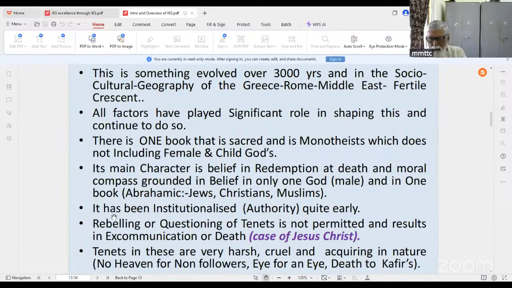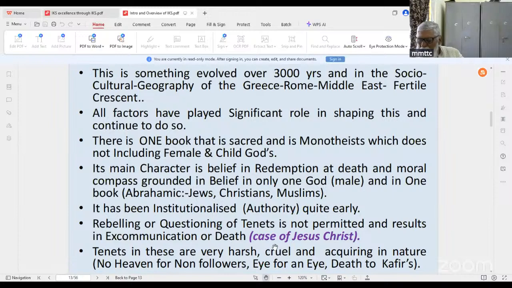What is interesting with this is they have been institutionalized very early. For example, 230, 240 years after Jesus Christ died, the Vatican was started. And the Vatican is the sole authority. Rebelling or questioning of tenets is not permitted and results in excommunication or death.